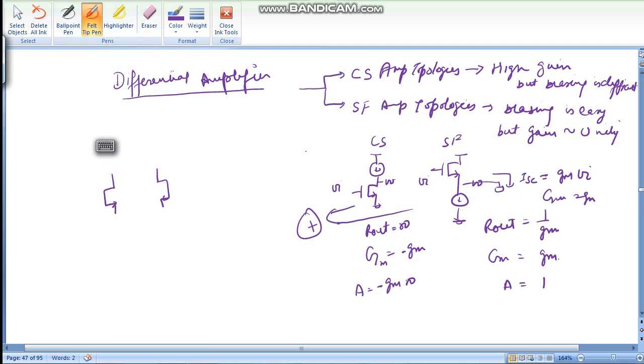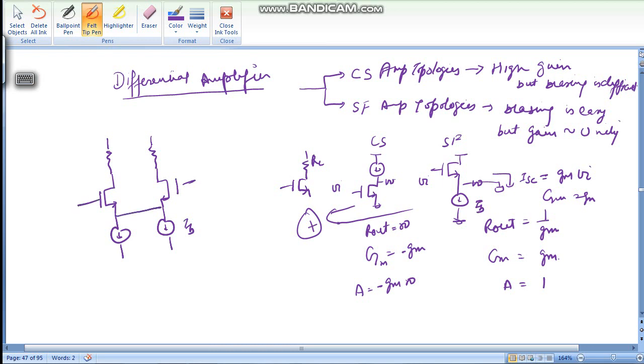You can draw it like this as well. This is common source, you take some RL. This is your common source. Here you will have some bias current, say IB, and you connect here.